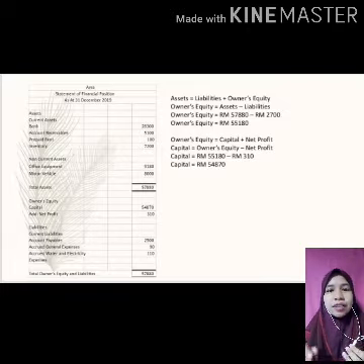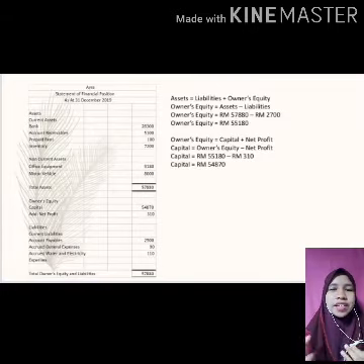And then after we have put all of those values, we finally have the balance value which is 57,880.